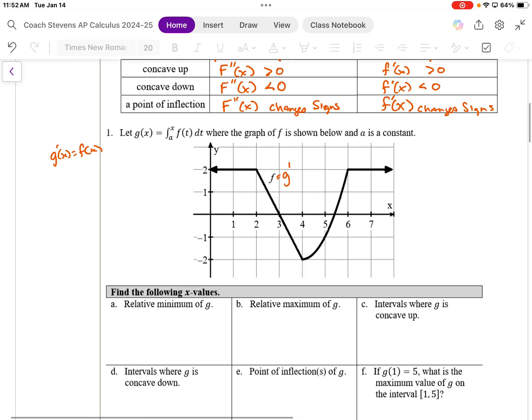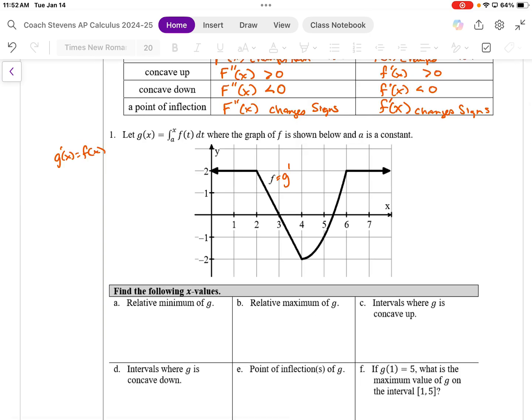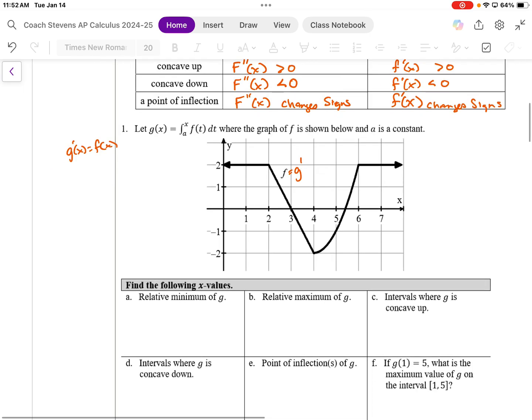So when is there a relative min of g? That would mean I have to change from negative to positive. So where are we changing on that graph from negative to positive? Somewhere about here, we go from negative to positive.